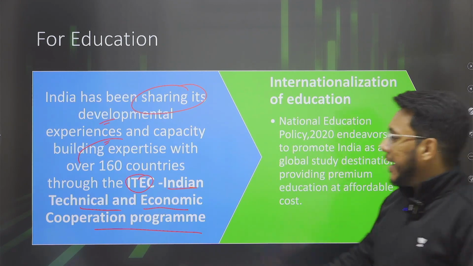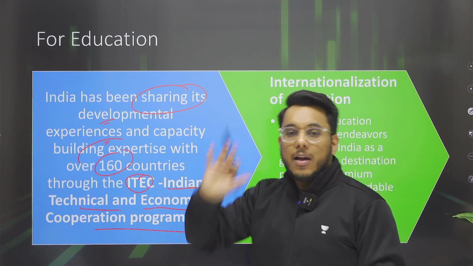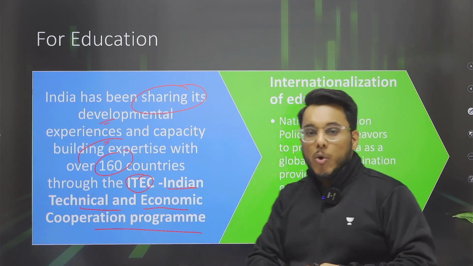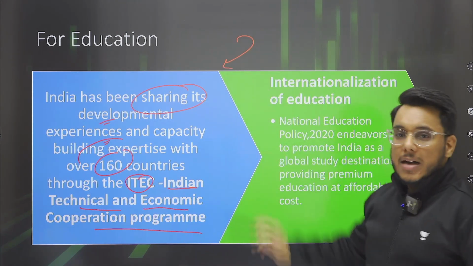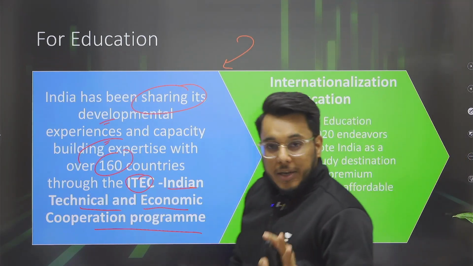Under ITEC, India is providing assistance to 160 countries on technical and other developmental and educational fronts. So India already has a track record which can be scaled, and therefore India becomes a credible leader.